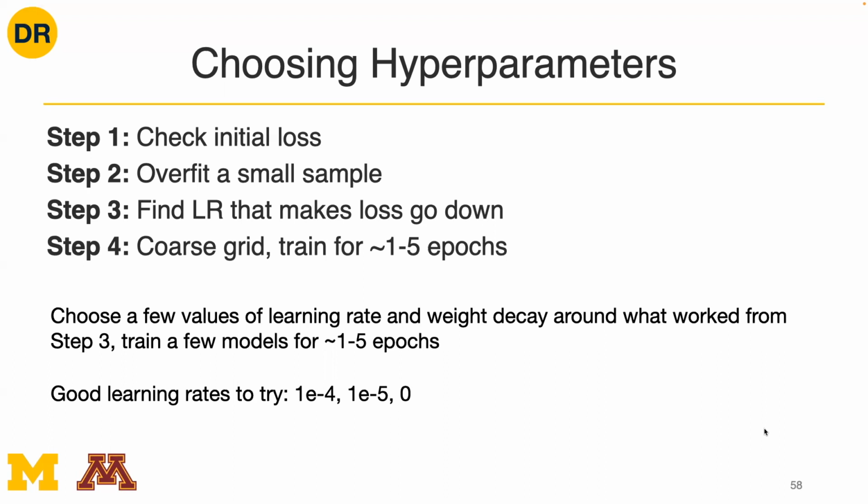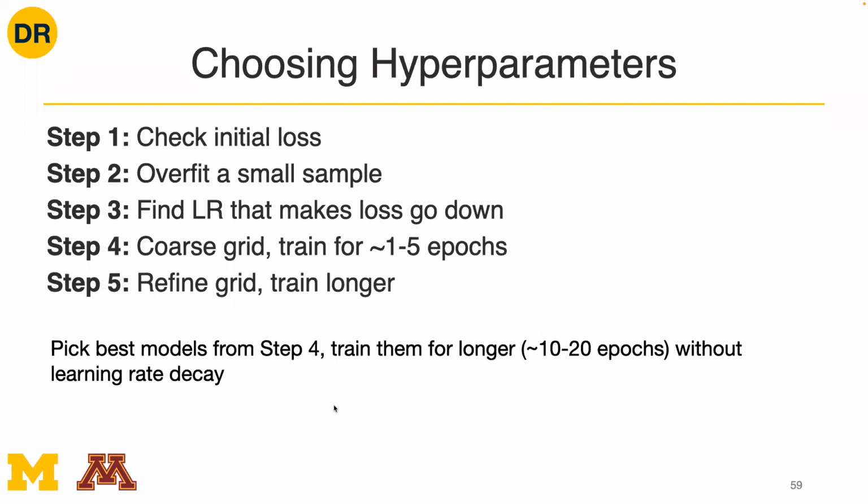From there, you probably will want to do more of a grid search on hyperparameters, where maybe you start with just some good rule of thumb hyperparameter choices. So you'll usually see values in this range chosen for learning rates when you're training with Adam. Picking what's usually used for other networks is a good starting point for your hyperparameter search.